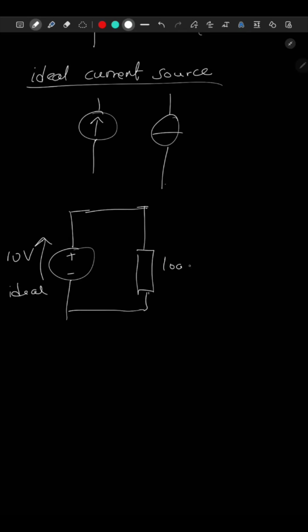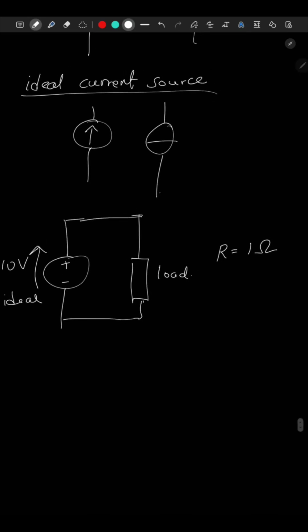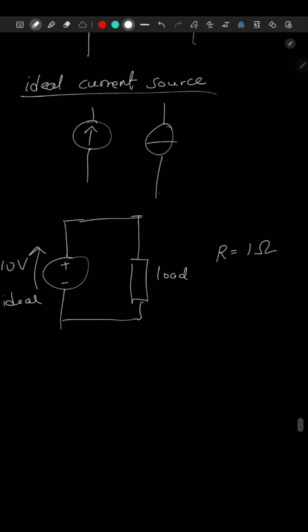This is a load, and the load has a resistance of 1 ohm. So the current flowing around this circuit would be the voltage divided by the resistance, which is 10 divided by 1, which is 10 amperes. So it is constantly supplying 10 amperes all around the circuit.